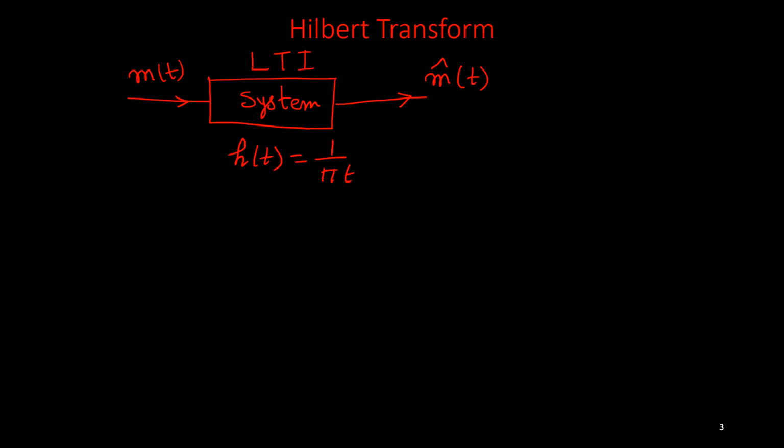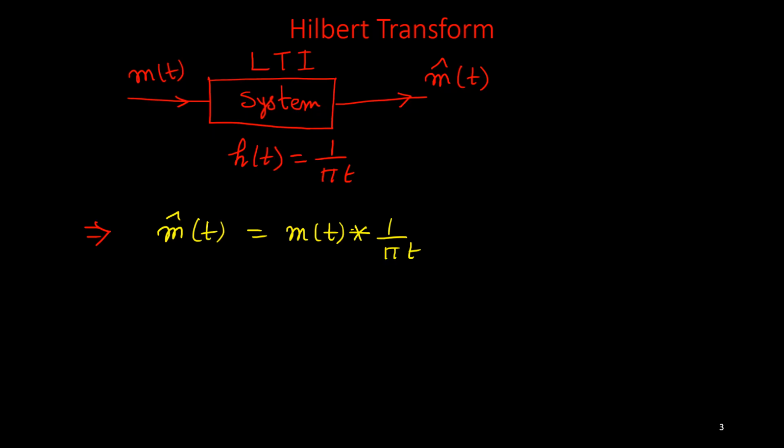So we know that the output of an LTI system is the convolution between the input signal and its impulse response. Okay, so we can write that m hat(t), or m cap(t), equals m(t) convolution with 1 upon pi t.